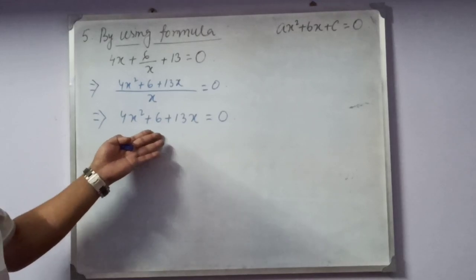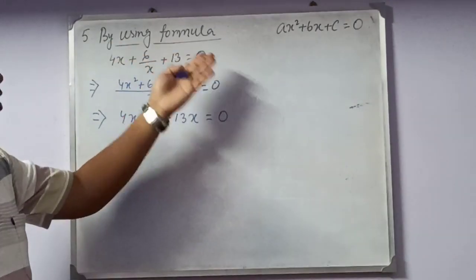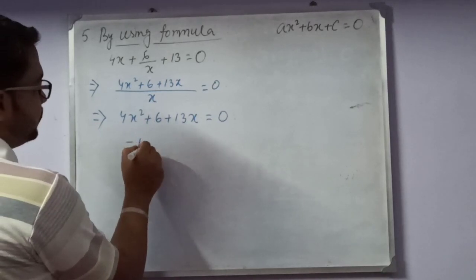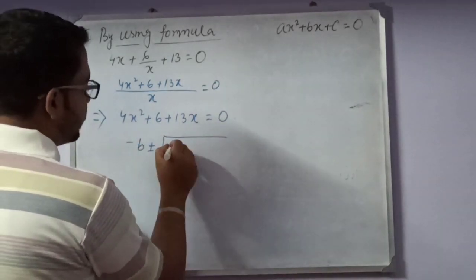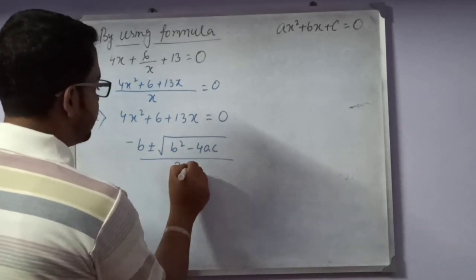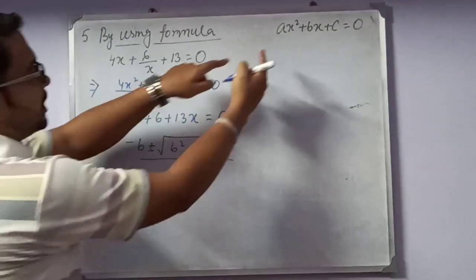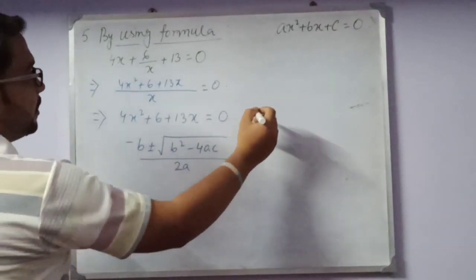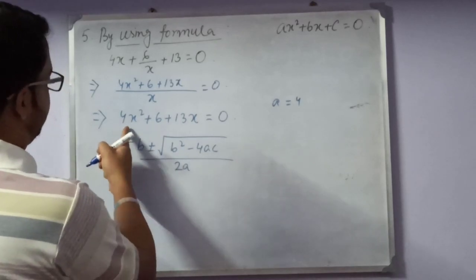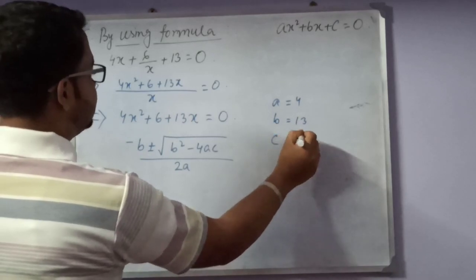Now you can use the middle term method to find the roots, but we have to use the Sridhar-Acharya formula, which is minus b plus minus root over of b square minus 4ac by 2a. So this equation looks like this, where my a is 4, b is 13 and c is 6.